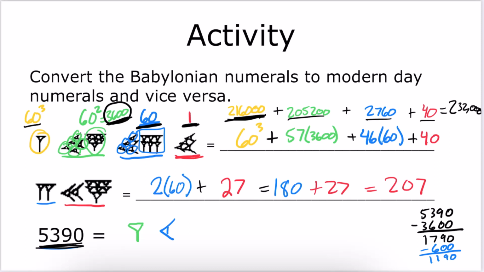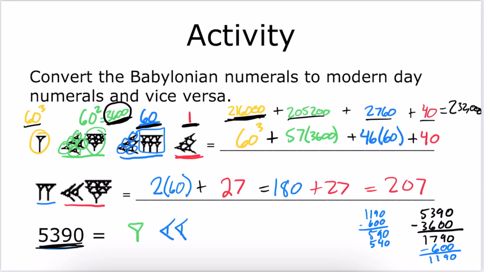If I take away my 600 again for the second 10, that's going to be 590. And then I can't take away 10 more because 10 60s is 600 and I don't have enough for that. But I should be able to do 9, I think, because 9 60s would be 540.